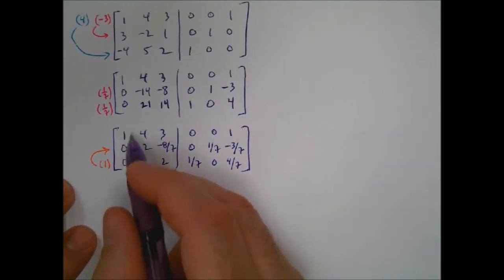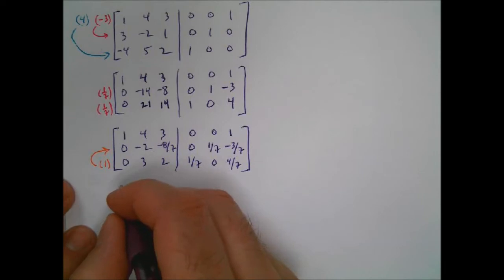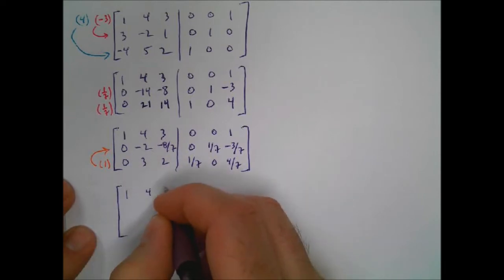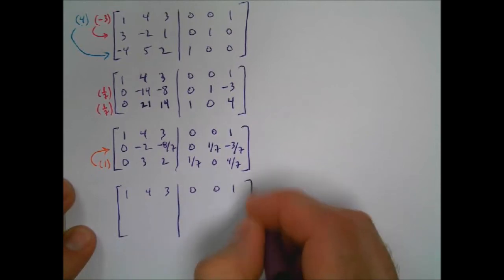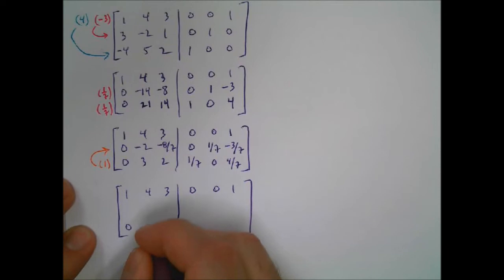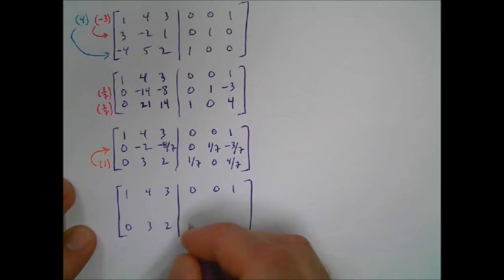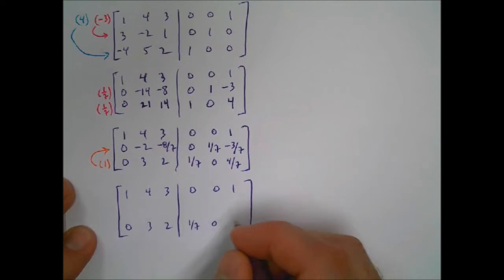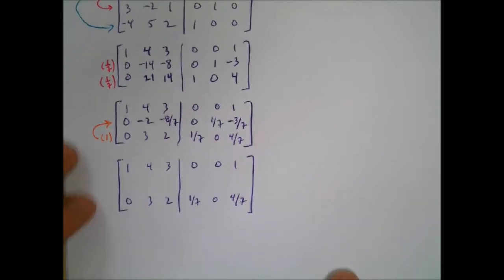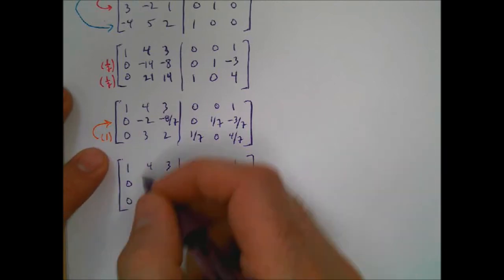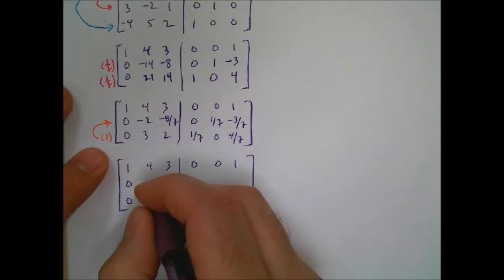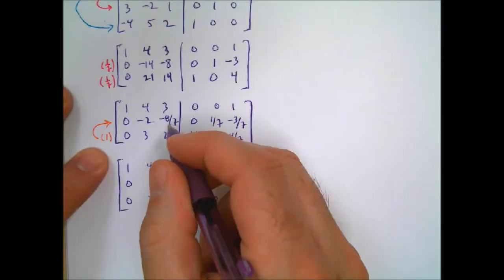The top row is not changing, the bottom row is not changing. So 1, 4, 3, 0, 0, 1, 0, 3, 2, 1/7, 0, 4 sevenths. Okay, so I get 0 plus 0, 3 plus negative 2, 2 plus negative 8 sevenths.